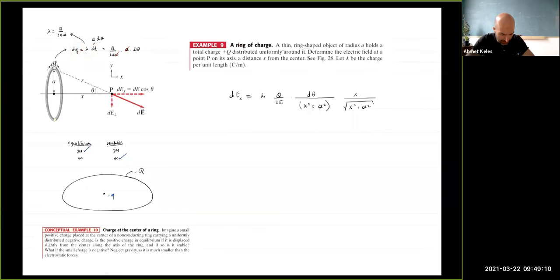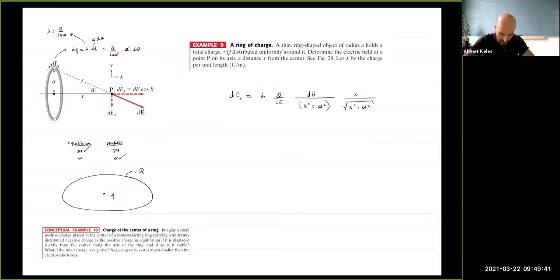Lambda is equal to q over 2 pi a, and dl is equal to a times d theta, and I find dq to be q over 2 pi times d theta. The electric field definition was k dq divided by distance squared, and distance squared is the square of this plus the square of this.